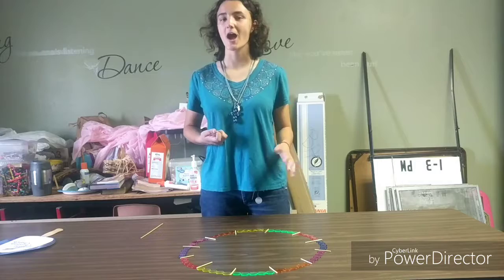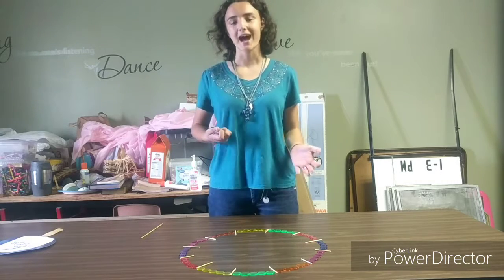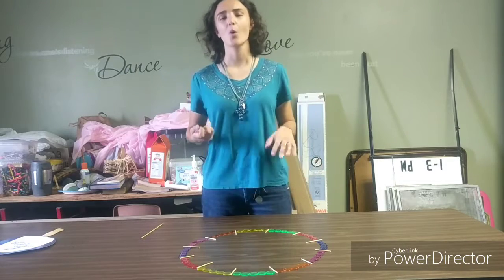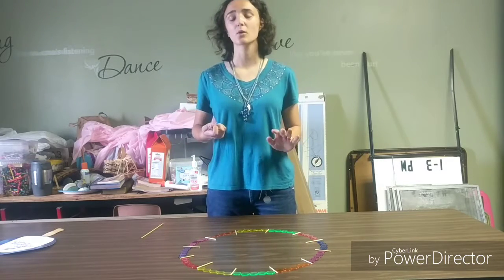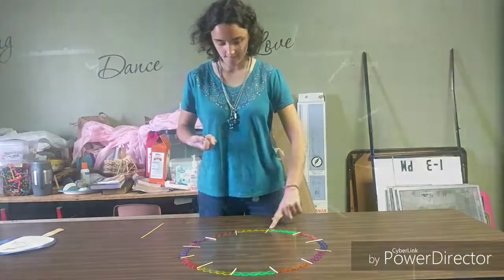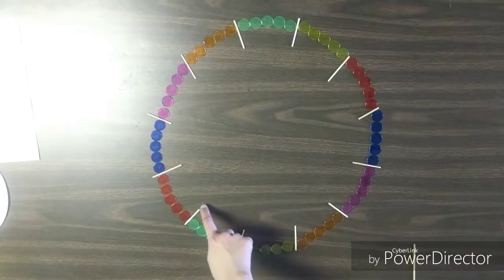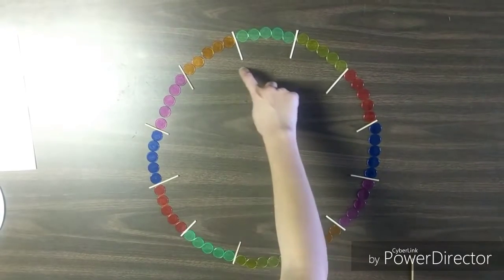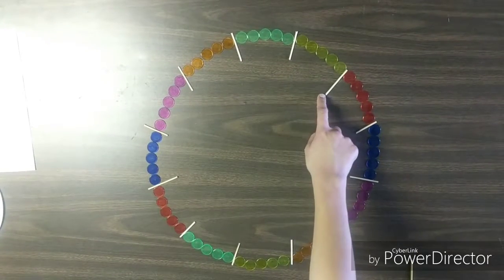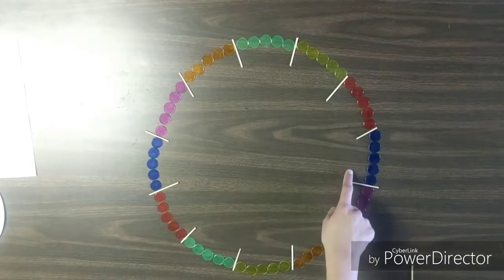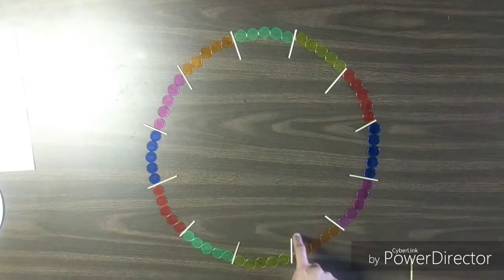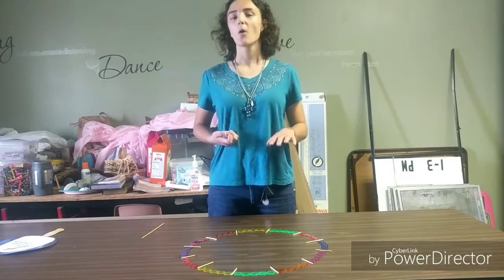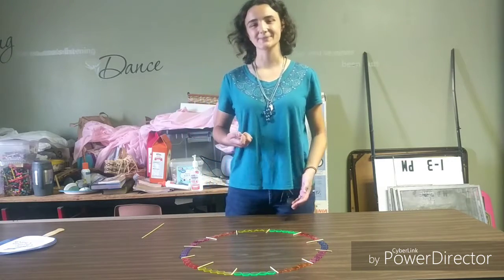Now if I want to find out how many counters I have in all, I can count them by ones, which could take a really long time, or I can count them by 5s, which is what I'm going to do. So I have 5 here, 10, 15, 20, 25, 30, 35, 40, 45, 50, 55, 60. I have 60 counters, just like there's 60 dashes or 60 minutes on a clock.